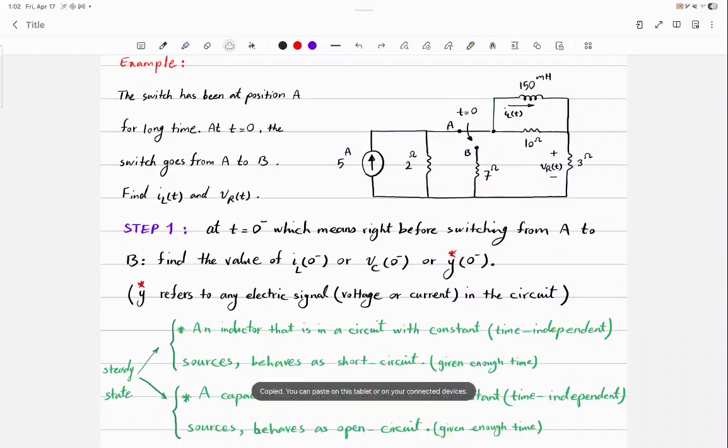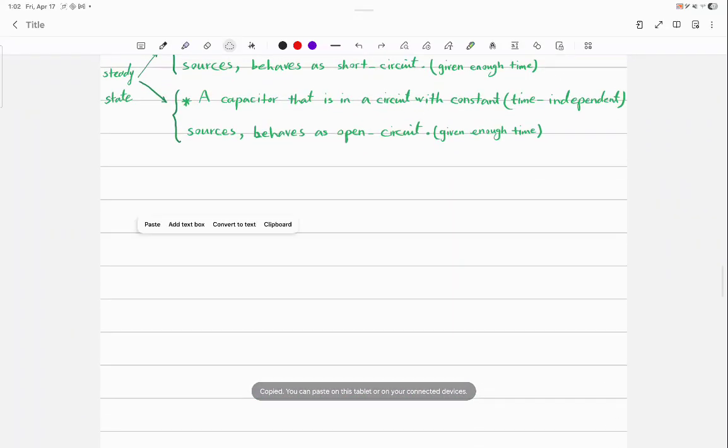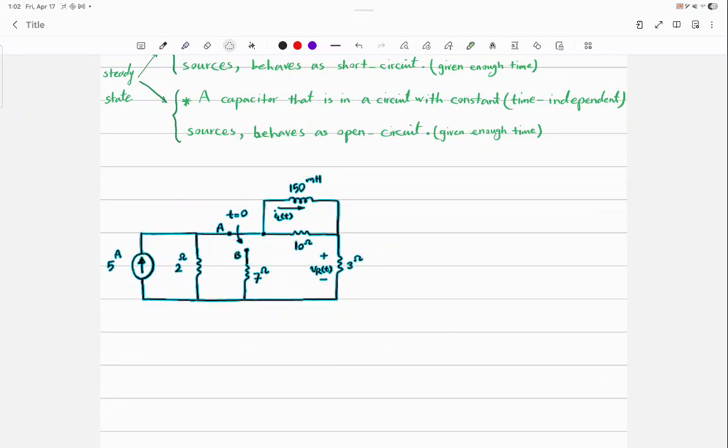Copy the circuit, put it here, and let's see what happens at t equals 0 negative. So the switch is at A. What can I get rid of in this circuit?